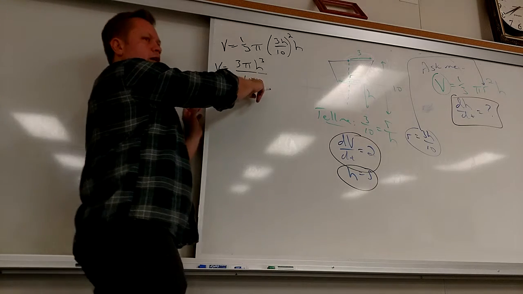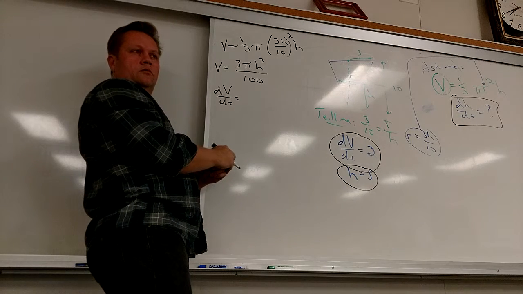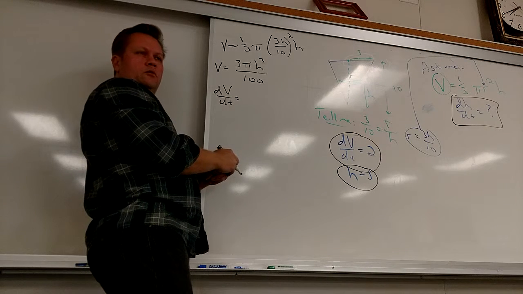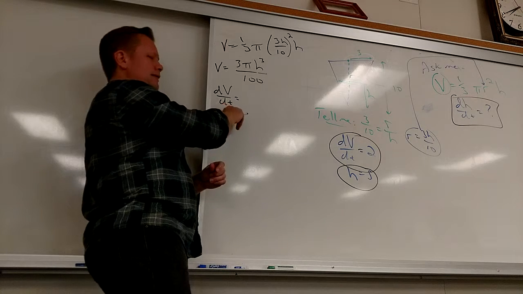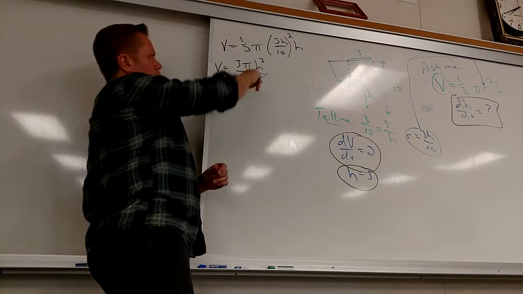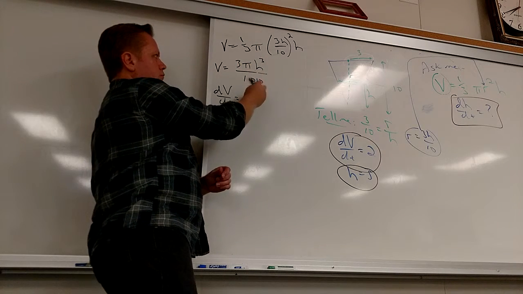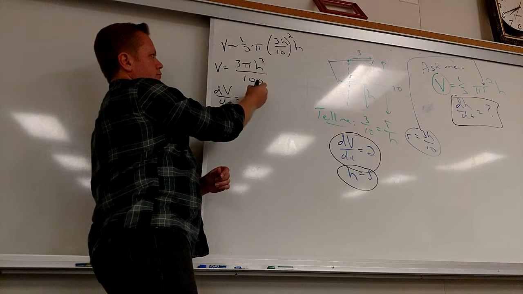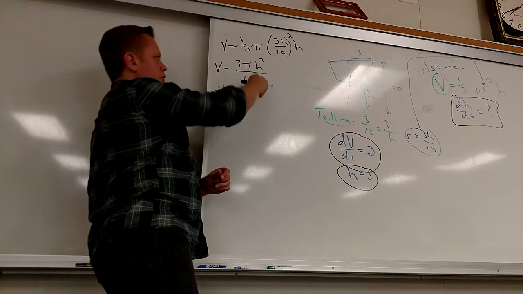When you do this side, what has to show up? Because I'm not taking the derivative with respect to h, I'm taking it with respect to t. So when I do this, of course, what's going to happen? What's the derivative of this side?